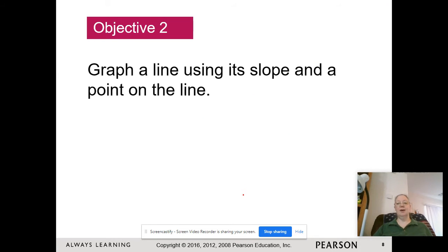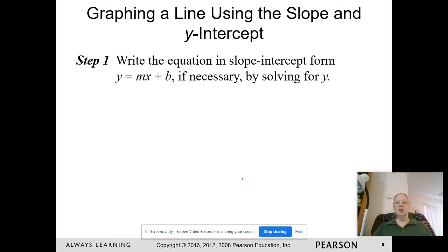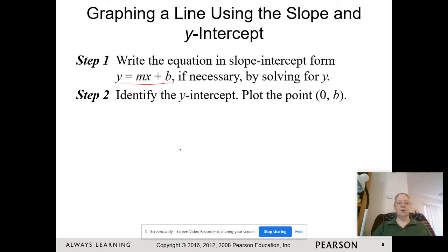This is why slope-intercept form is so very nice to use, because graphing is so much easier if it's in slope-intercept form. First thing you want to do is make sure it's written in slope-intercept form.